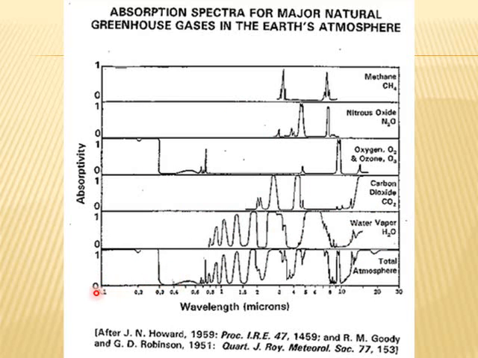Okay, so the graphs, the x-axis are the wavelengths, which can be related to the frequency. So the wavelengths of the electromagnetic spectrum, most of these shown here are all in the infrared. Okay, and then this y-axis is the absorptivity, or in other words, when it's high at 1, it's absorbing 100%. If it's low at 0, it's not absorbing any of it.